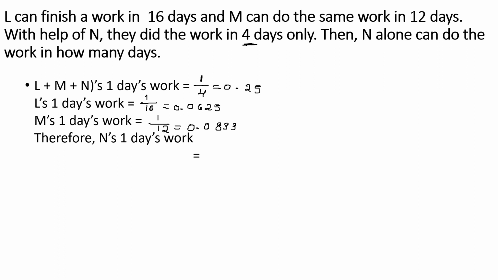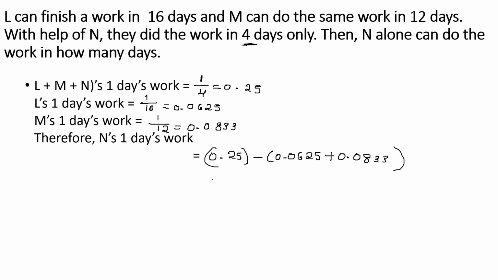0.0833. Now therefore, N's work will be together work done, 0.25, minus the sum of these two, that is 0.0625 plus 0.0833.